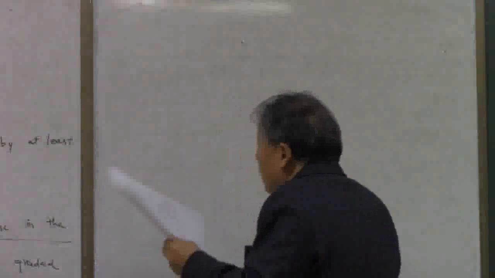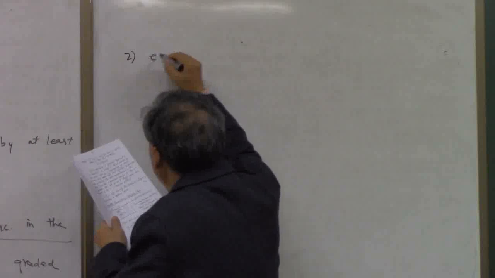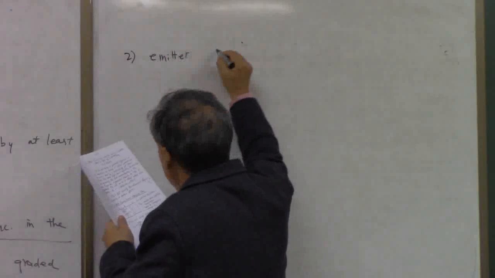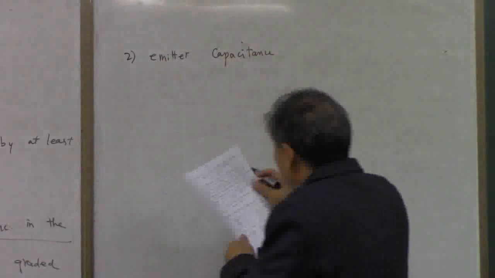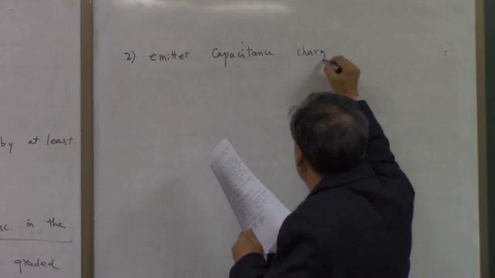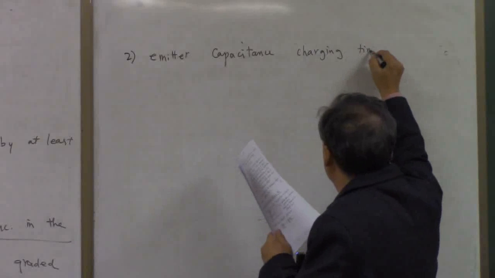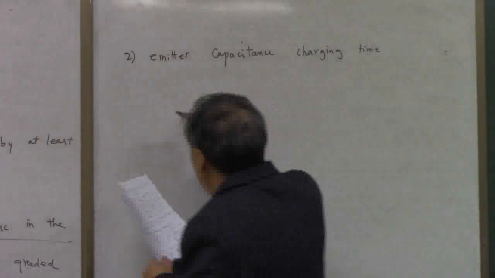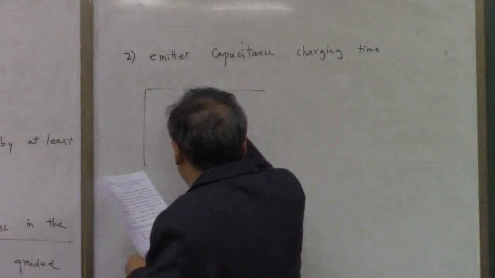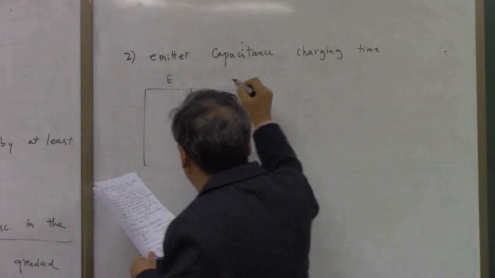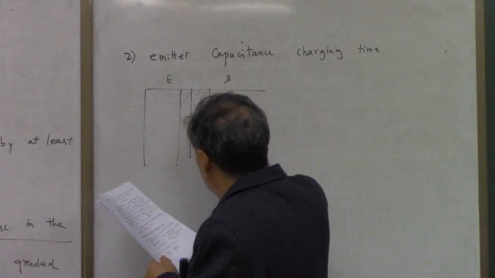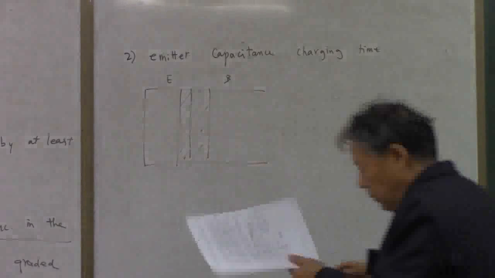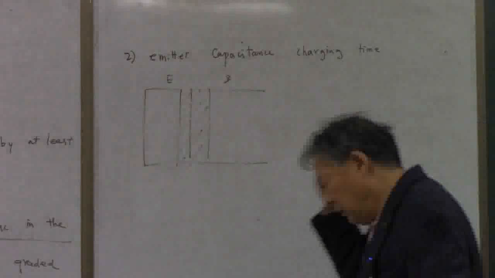For the frequency limitations, we can think of the emitter capacitance charging time. In this, we are going to think about the emitter-base space charge region, and two factors in here.